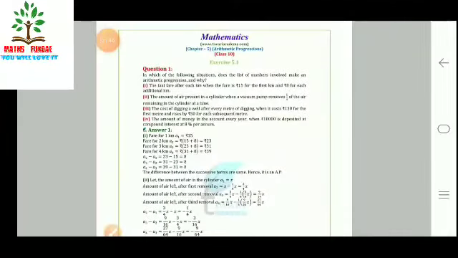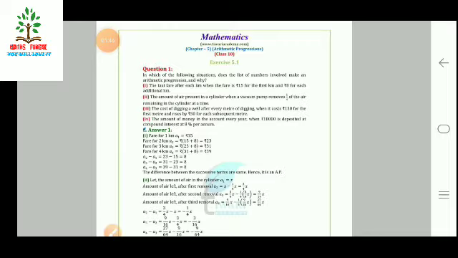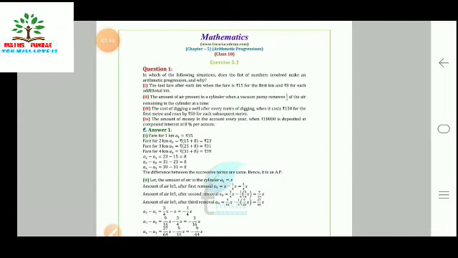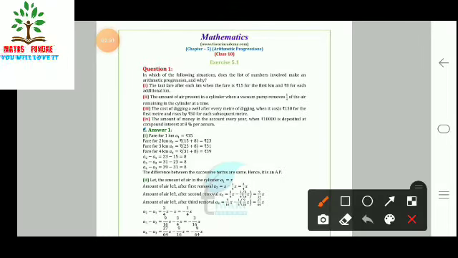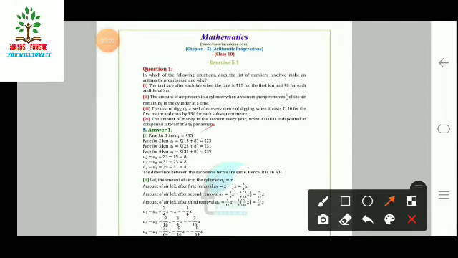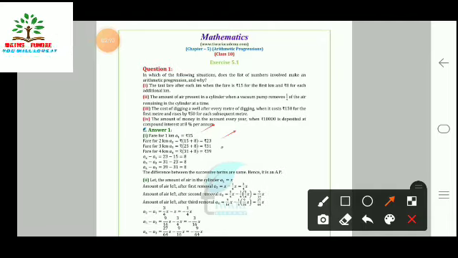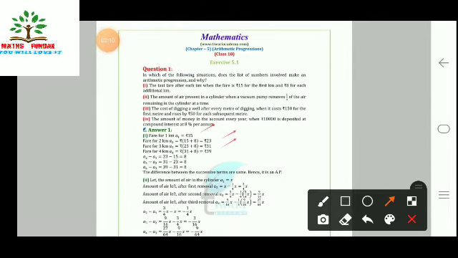The first question is: in which of the following situations does the list of numbers involved make an arithmetic progression? The first is the taxi fare after each kilometer, when the fare is rupees 15 for the first kilometer and rupees 8 for each additional kilometer. So the fare for the first kilometer is rupees 15, for the second kilometer it is 15 plus 8, that is 23, for the third kilometer it is 23 plus 8, that is 31, and for the fourth kilometer it is 31 plus 8, equal to 39.